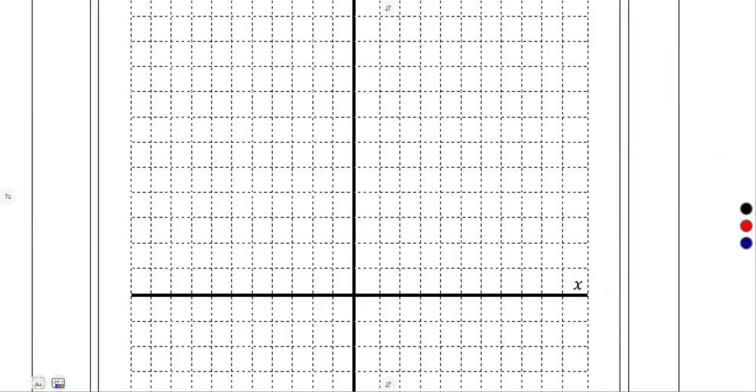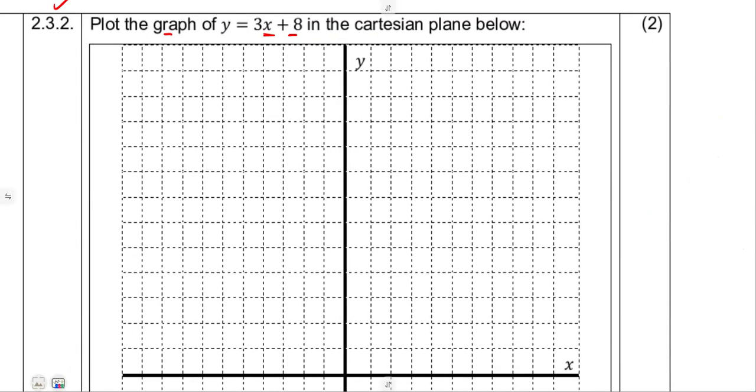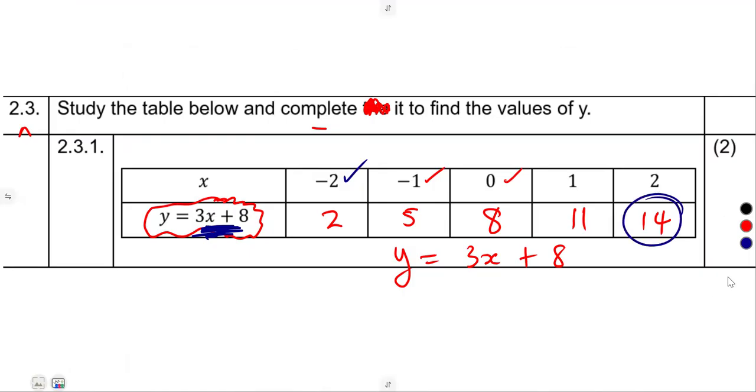So I'm just going to try and use a scale of 2, 4, 6, because if you use 1, we're not going to manage. Let's say 0, 1, 2, 3, 4, 5, 6, 7, 8, 9, 10, 11, 12, 13. As you can see, we are ending up at 13, but we have a 14.